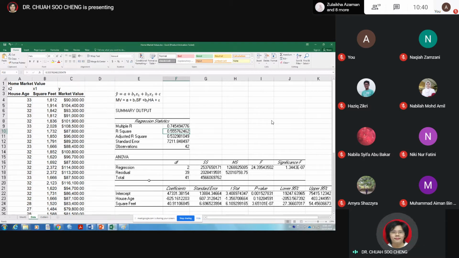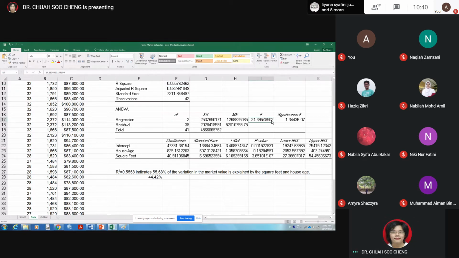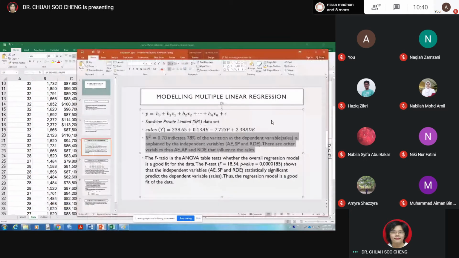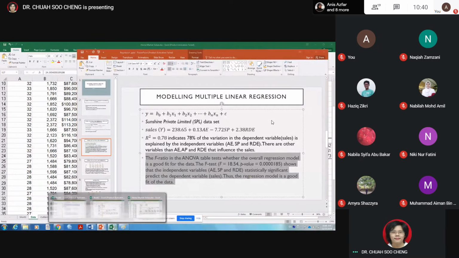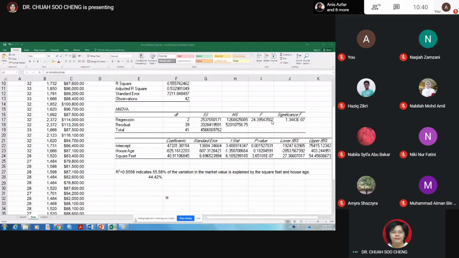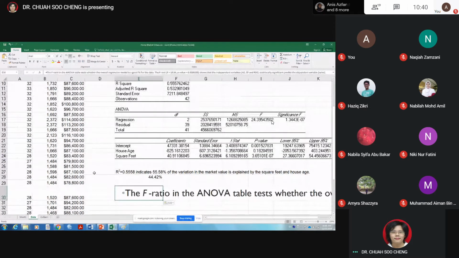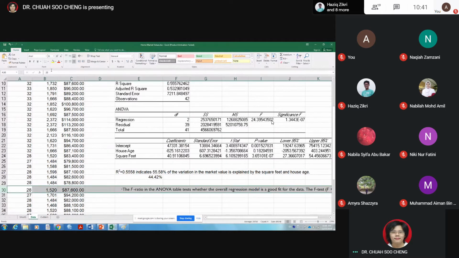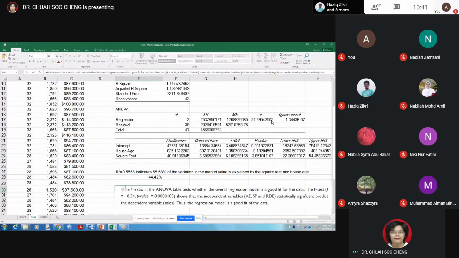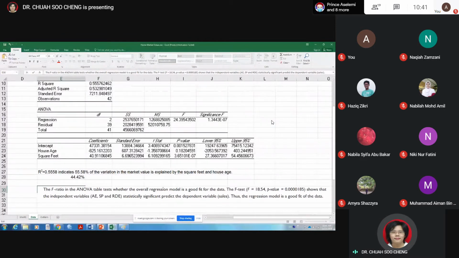Now we go to the F test. The F test shows whether the overall regression model is a good fit for the data.